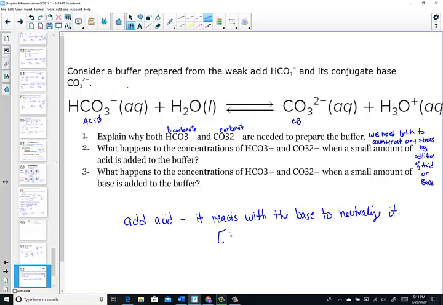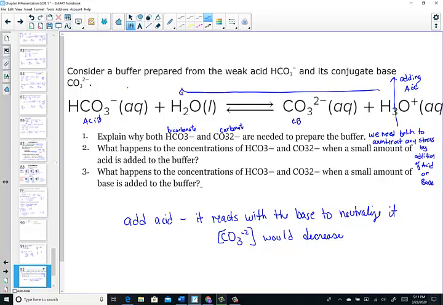Well, the concentration of carbonate, CO3 minus 2, would decrease because it's being used to neutralize the stress of adding an acid. Think about Le Chatelier. If this is the stress, I'm adding acid, and that's the definition of an acid, right? Adding acid, it's going to cause the equilibrium to shift to the left.